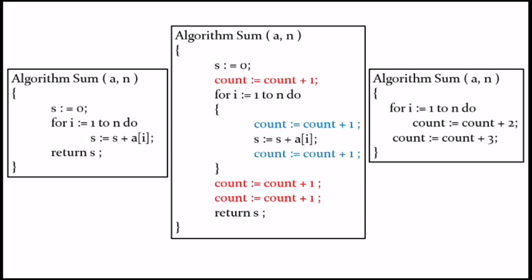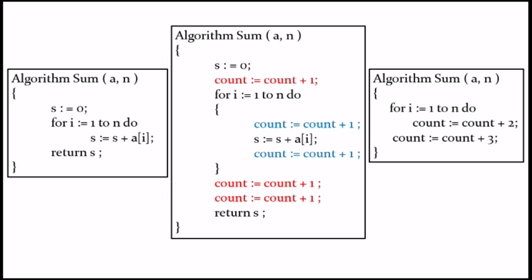So instead of writing 2 separate count statements, we will write a single statement, because we are taking 2 count statements. That's why count equal to count plus 2. So now the simplified algorithm for counting the number of steps, the third algorithm we have written, is that in the for loop we are repeating the count plus 2 statement n number of times.